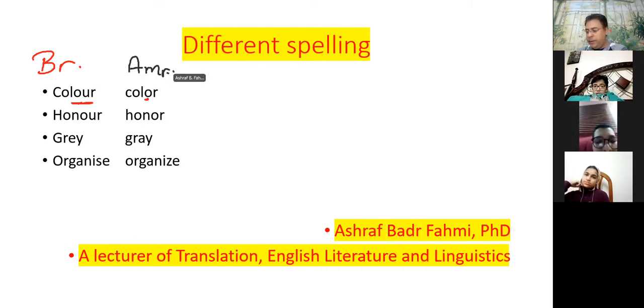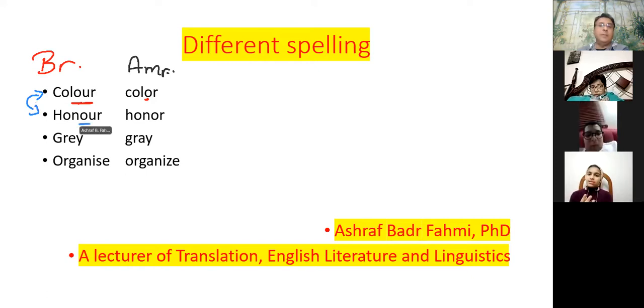So here color O-U, and here just O. And this is considered as a rule because any OU in many words in British becomes just O in American, like honor, color, and honor too. In honor, we have OU in British spelling, but we have just O in American spelling.